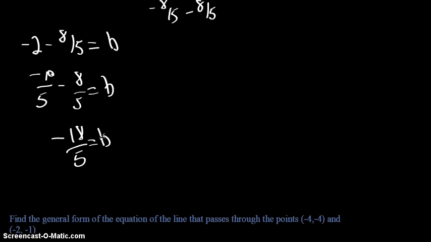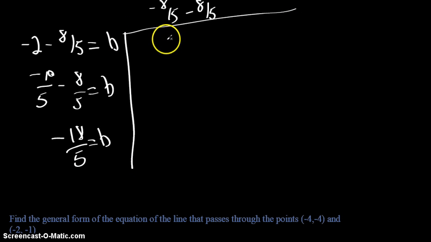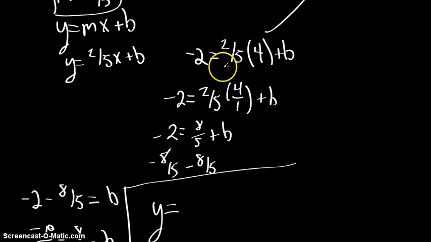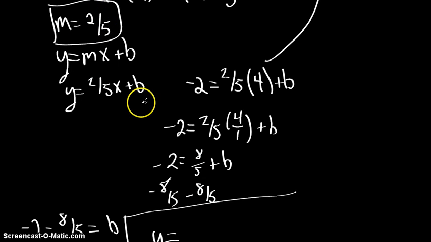So my next step, I'm going to rewrite my equation with the information I have, so we don't get this confused over here. So it's y equals, I'm going to scroll back up to make sure we have the correct slope. Our slope from before was right up here at 2/5.